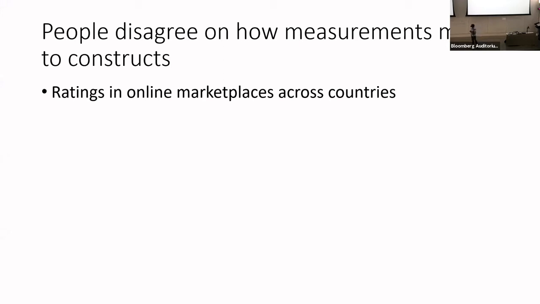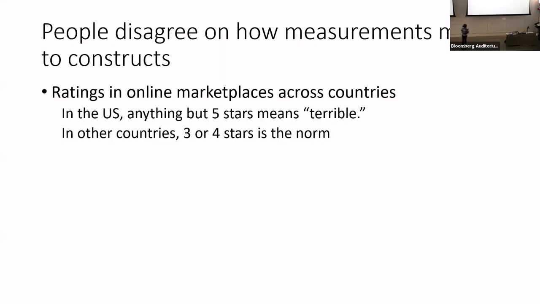For example, if any of you have spent any time browsing online marketplaces or places like Airbnb, you might notice that average ratings in online marketplaces differ quite a bit between cultures and countries. In the US, across basically all of these marketplaces, anything but 5 stars is considered terrible, right?